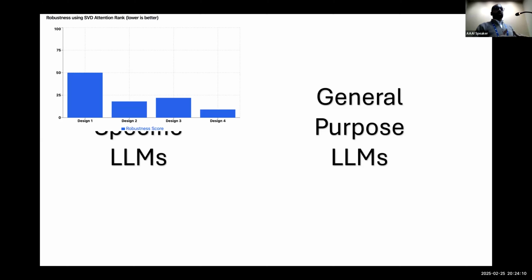But if the rank of this matrix is relatively low, then I say this is a more focused representation, or focused behavior, of the model. So the better model is the one which has the lower rank compared to a model which has the higher rank.